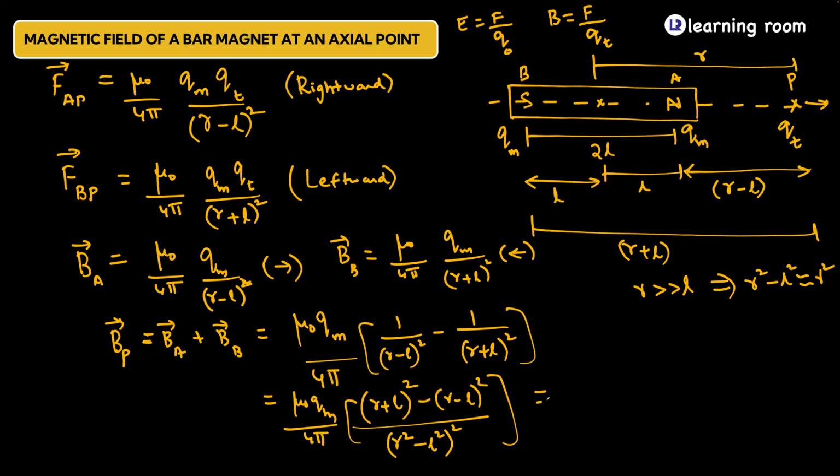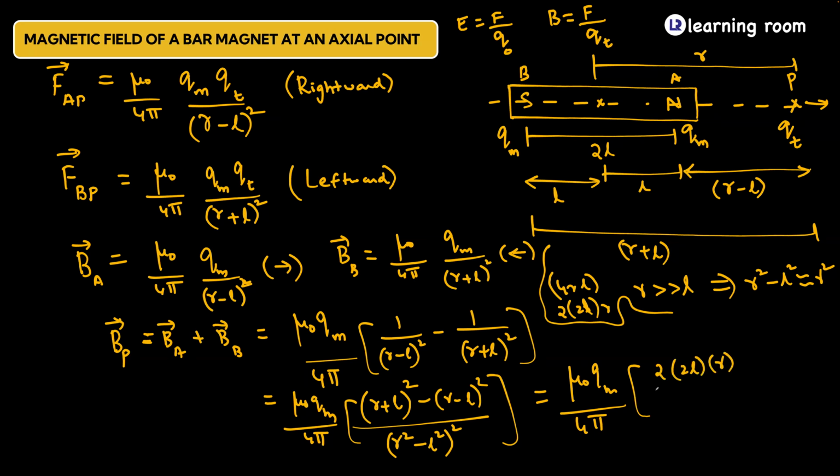So it will be mu naught into Qm divided by 4 pi multiplied with 4 times RL in the numerator. 4 times RL, I'll write it as 2 into 2L into R. So can I do that? Divided by R power 4. So this R will cancel with R power 4 once and you will have R cube left out.